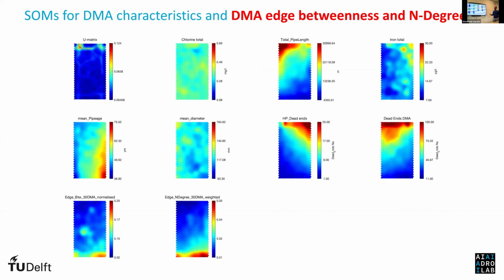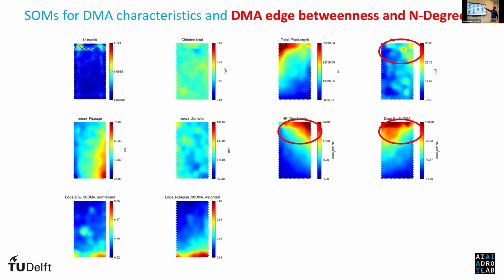We went again back to do that for the DMAs, and I'll go very quickly through this one. We introduced the total length of the DMA, the iron in the DMAs, the mean pipe age in the DMA, the mean diameter of the pipes in the DMA, and also what I explained before, the dead ends, the total number of dead ends in that DMA.